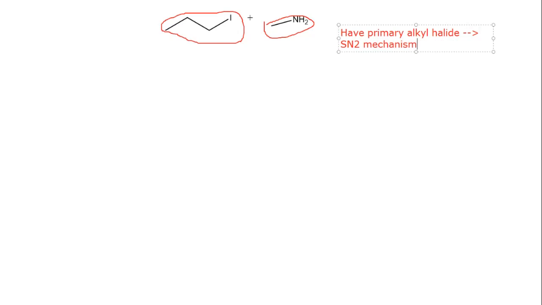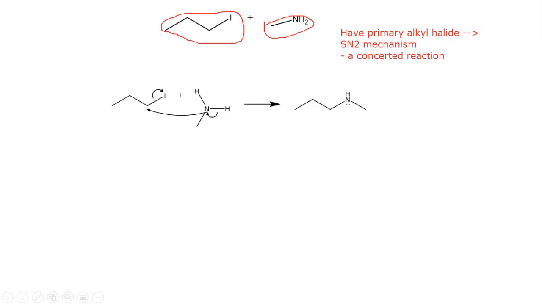So this is going to be a concerted reaction, meaning it's going to all happen at the same time. The iodine, which is our leaving group, leaves, and the nucleophile, which is the methylamine, attacks, and we form our amine.